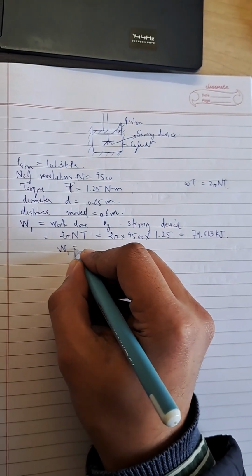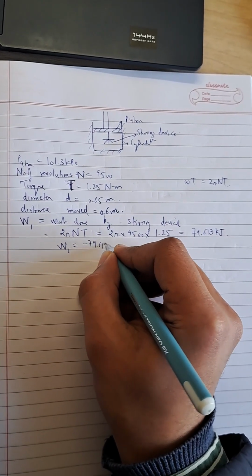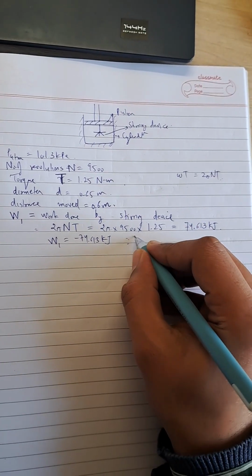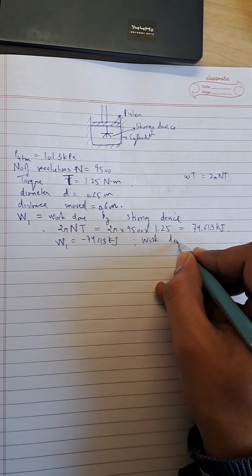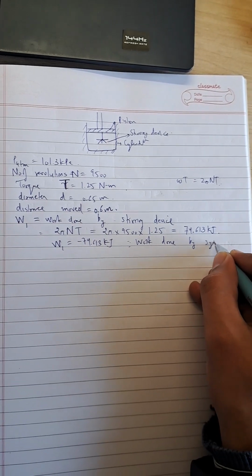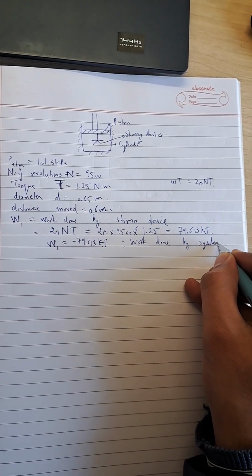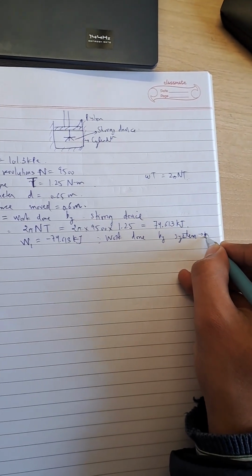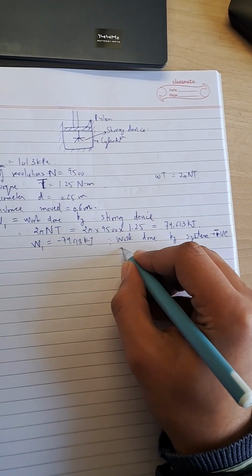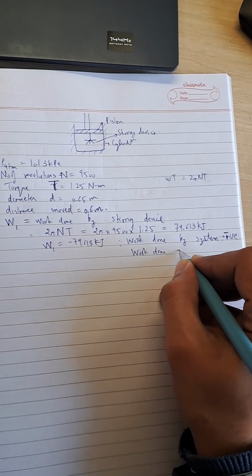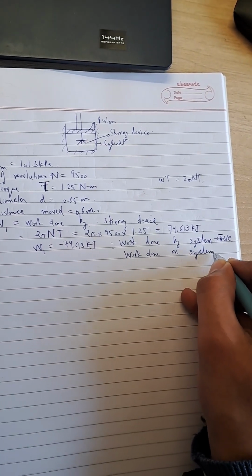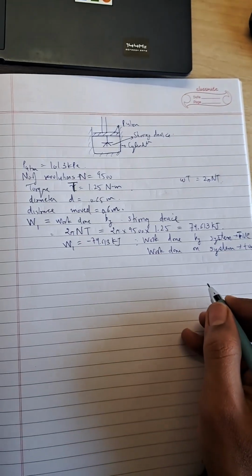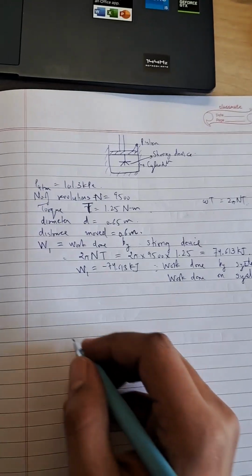Therefore this work done is negative, minus 74.613 kilojoule. Because we have the sign convention, work done by system is negative, and work done on system is positive. This is the sign convention which I am using.